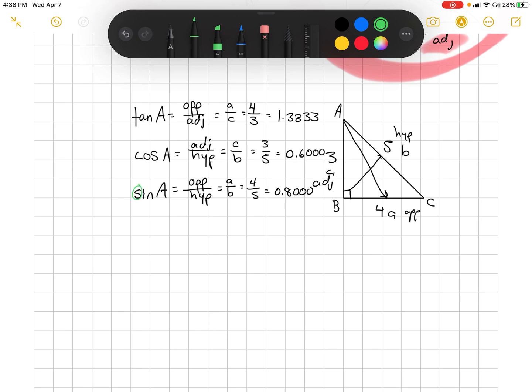So if we want the first letter in each of them, we get S, O, H, and then the first letter in cos, C, A, H, and the first letters in tan, T, O, A. You get the acronym SOHCAHTOA.